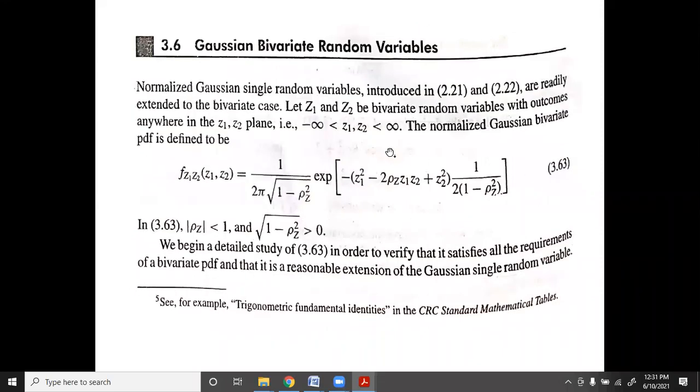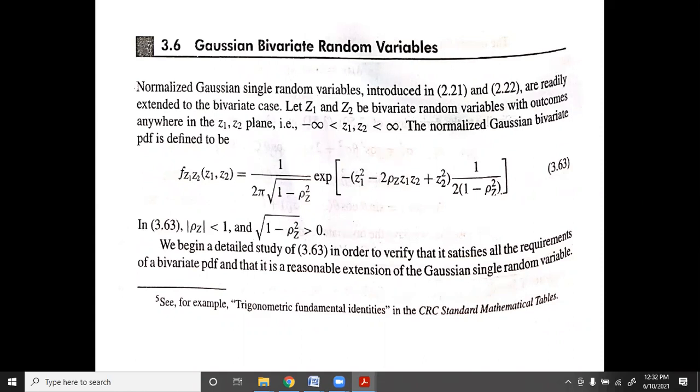Somehow make this a squared term. To make this a squared term, we should write, in place of z2 squared, two different quantities which sum up to be equal to this. One of them is rho z square z2 squared.